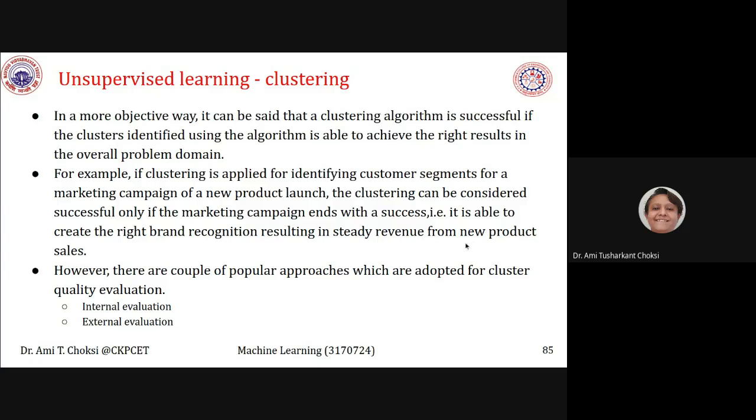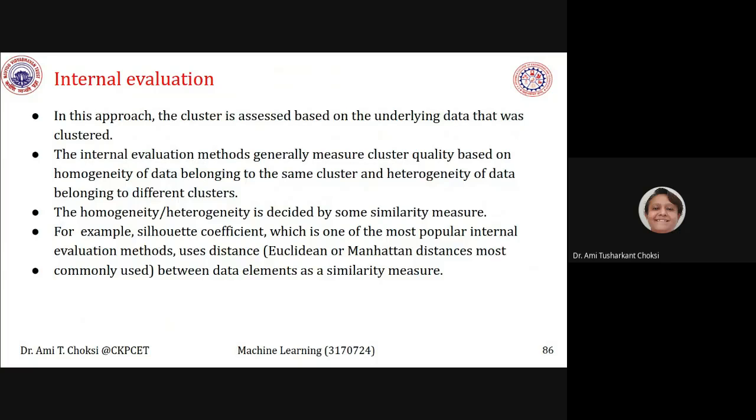New product sales. So, however, there are a couple of popular approaches which are adopted for cluster quality evaluation, and they are internal evaluation and external evaluation. What are they? Internal evaluation. What is that?